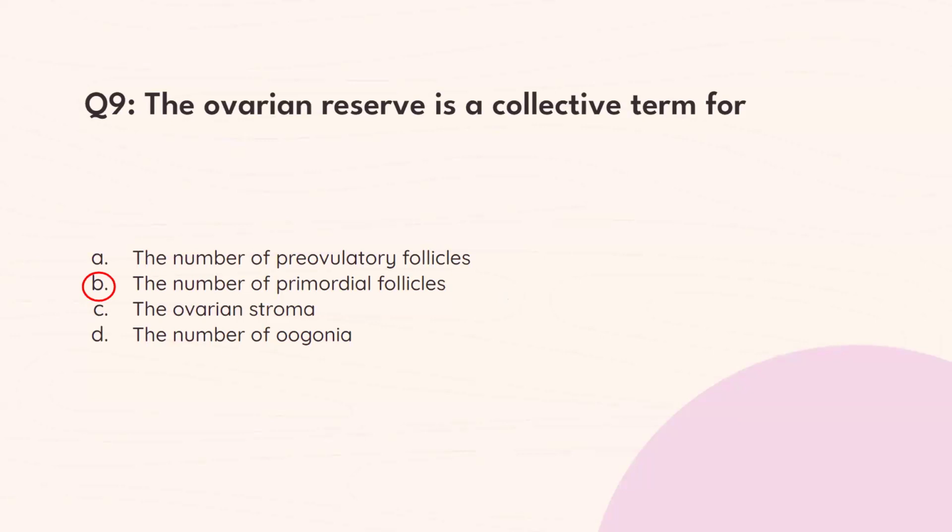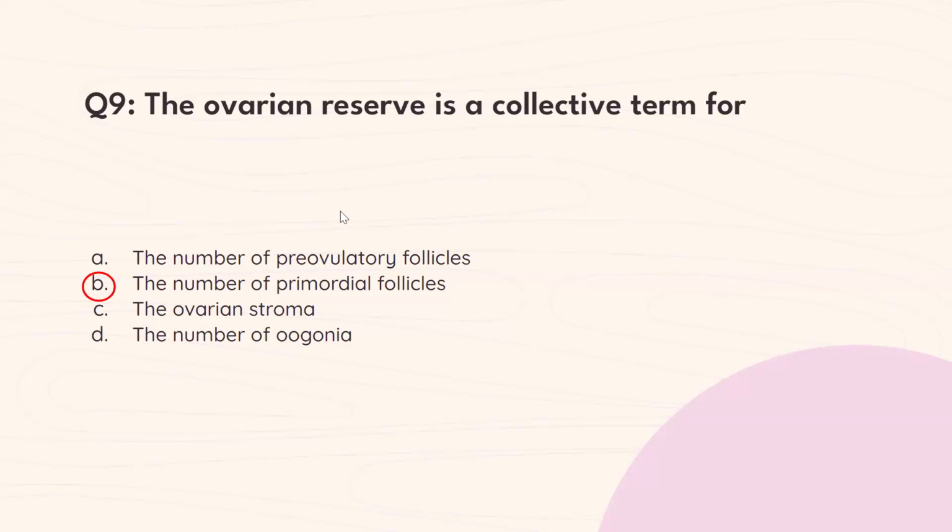That means it should be the primordial follicles, because the primordial follicles are what the fetus would even have. The female fetus in the womb would have primordial follicles. This is what she is born with. The ovarian reserve is what she's born with. And the answer is B for this.